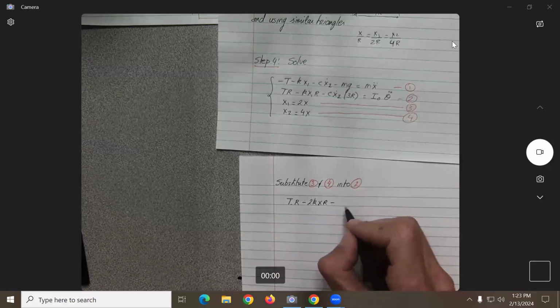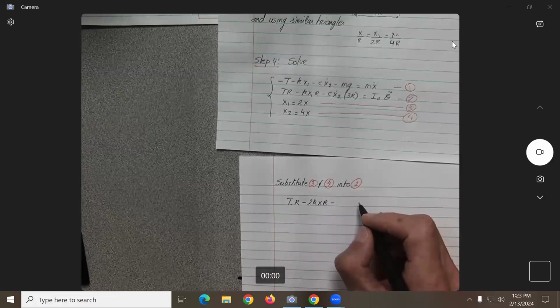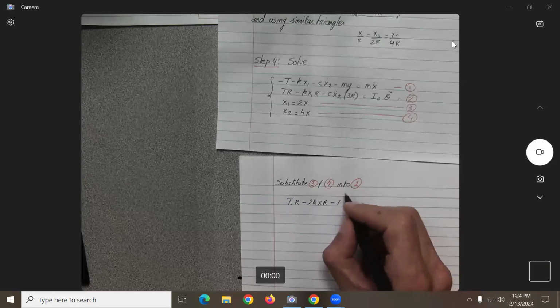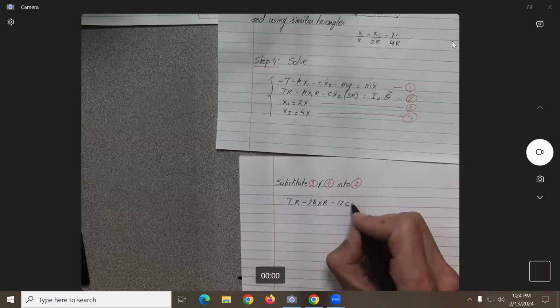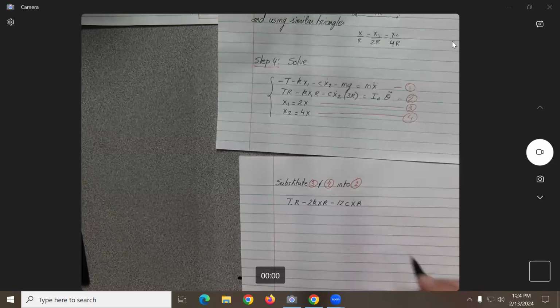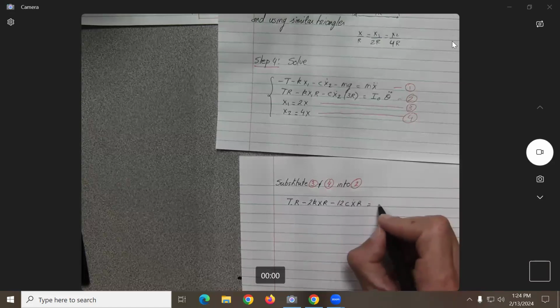Minus what? What is x dot 2? So it would be 4 times 3, no? 12 c x dot R, okay? And this should be equal to what?